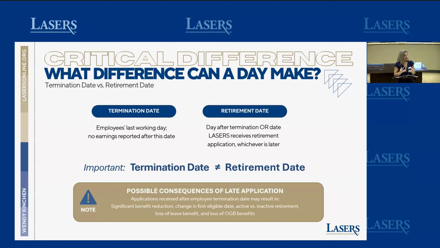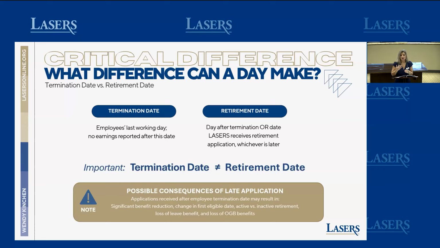If you have an employee that terminated state employment 2 years ago and now they're of the age and the eligibility to retire, obviously the application is received after the termination. They're essentially retiring as an inactive employee. So there is an exception to every rule, but the general rule is termination date, last day as an active employee at the agency, retirement, day after.